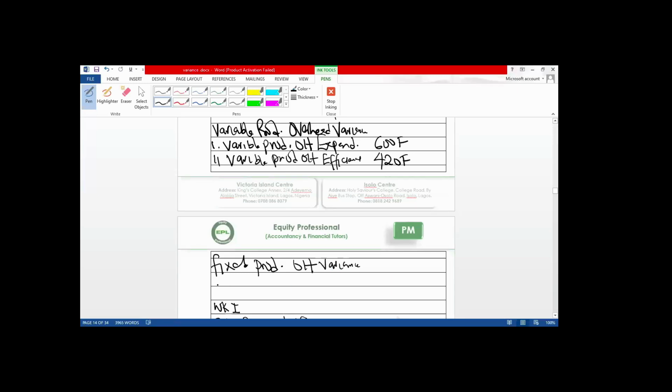Under it, you have fixed production overhead expenditure, and we also have fixed production overhead volume variance.